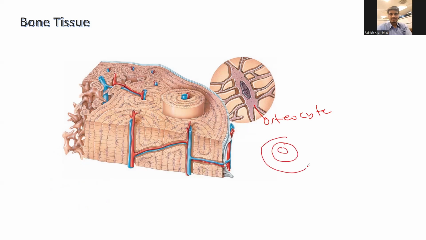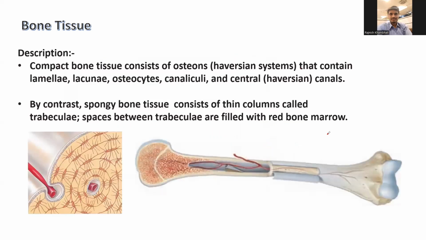These are the concentric lamellae, and in this lamellae, you can see these are the cells of the bones, osteocytes. Carefully observe. So osteocytes are there, and in the center is the Haversian canal where blood vessels are present. And the same thing is written in the starting.